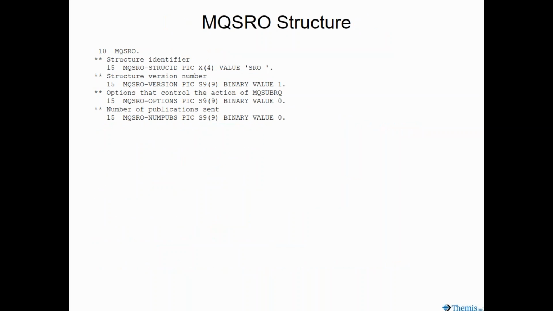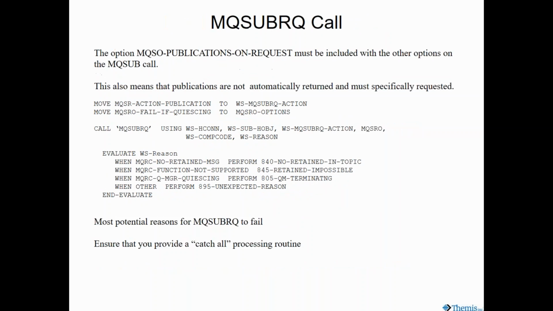SRO structure. This is for subscription request. Not much I want to tell you here. Let's just dive into the call. Now, I could have subscribed and I could have used the option publications on request on the sub call.